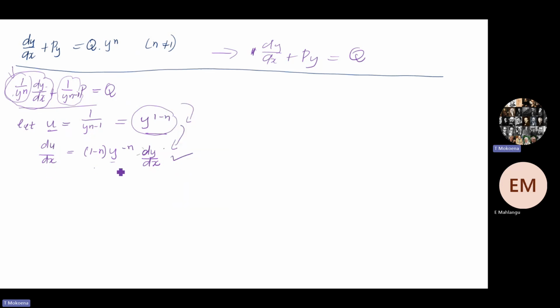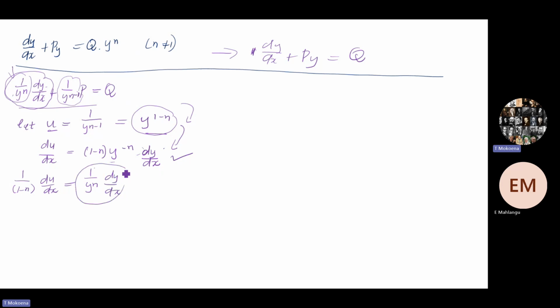So what I'm going to do is divide both sides by 1 minus n, which is this. And then this side, I'm going to have 1 over 1 minus n, close the bracket, du over dx. And therefore, this is going to fall off. Remember, this thing is the same as 1 over y to the power of n. And I'm going to be left with dy over dx.